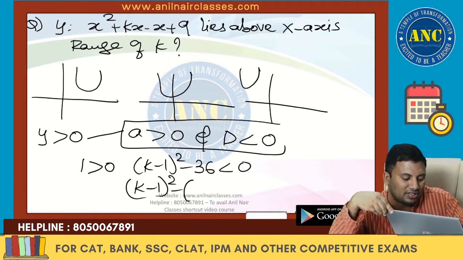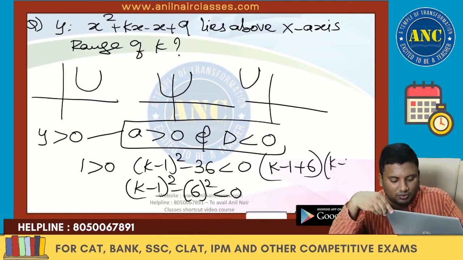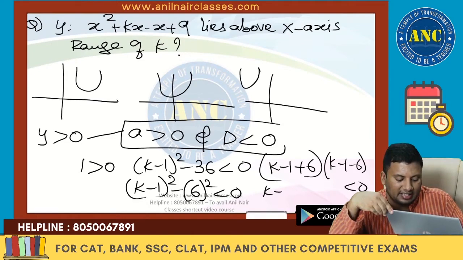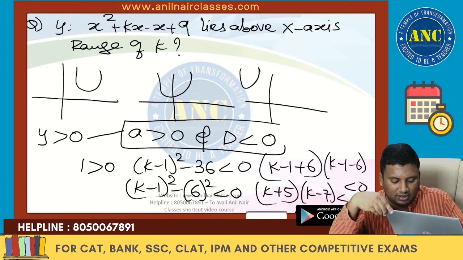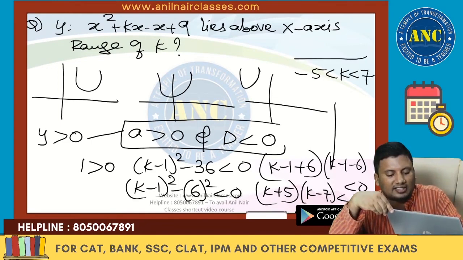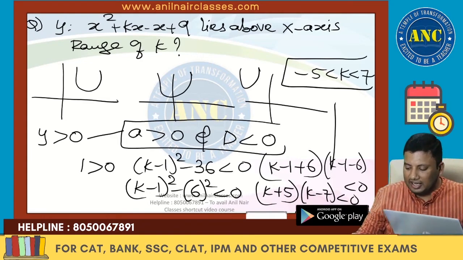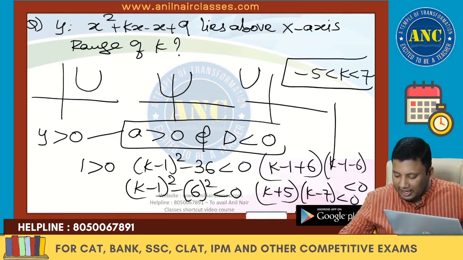(K minus 1) square minus 6 square less than 0. (K minus 1 plus 6) into (k minus 1 minus 6) less than 0. So it is (k plus 5) into (k minus 7) less than 0. Answer is minus 5 less than k less than 7. I hope this idea is clear. Idea is clear, right?